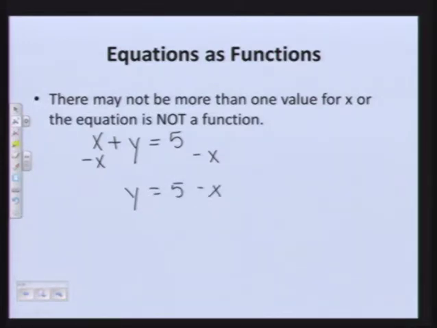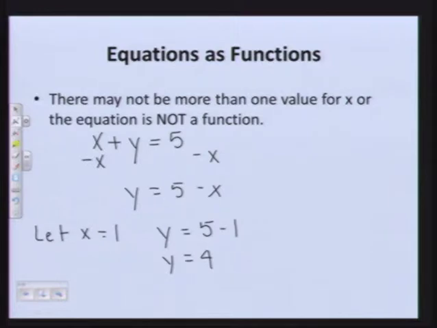Next step is to pick an x value. Any x value will do, but you don't need anything huge. I'm simply going to go with x equals 1. I'm going to substitute that in. y equals 5 minus 1, or y is equal to 4.